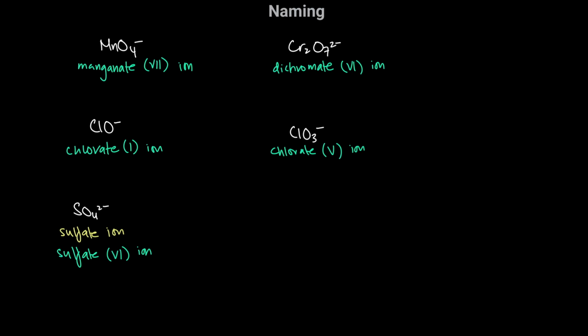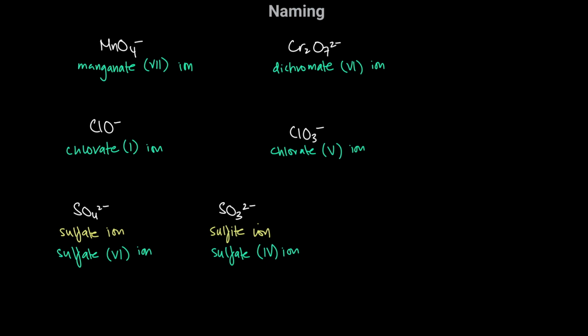Similarly, if we look at SO3 2-, we call this the sulfite ion, but it may also be referred to as the sulfate 4 ion because the oxidation number of sulfur here is plus 4.